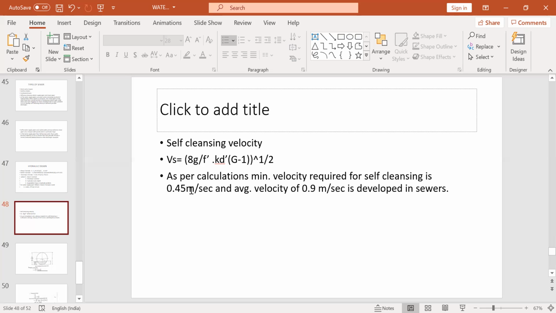So this velocity should always be in general more than this, and this is the average velocity in a sewer. Maximum velocity you can have up to 4.5 to 5 meter per second, starting from 0.9 to 4.5 to 5 meter per second, depending on the material of the pipe or the material of the sewer.